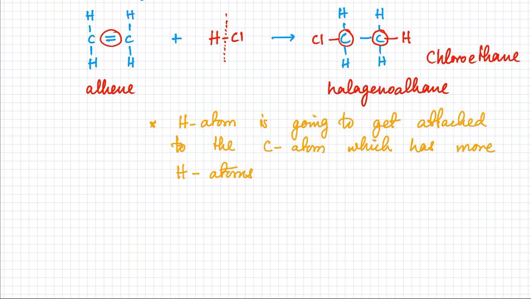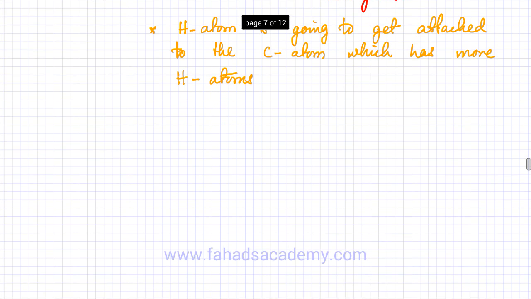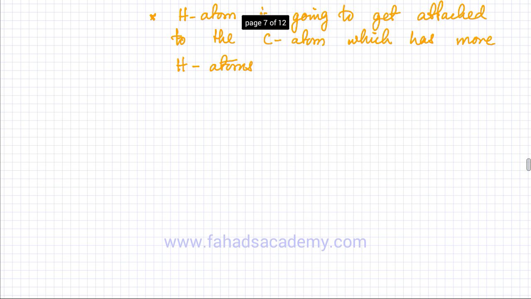So I'm going to do another example in which I'm going to show how this rule fits in. That reaction would be of, let's say, 2-methylbutene. In that case, butene means that it has 4 carbon atoms, 2-ene means that there's a double bond on the second and third carbon atoms, and 2-methyl means that there's a branch of carbon on the second carbon atom.